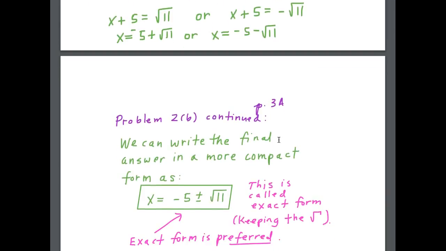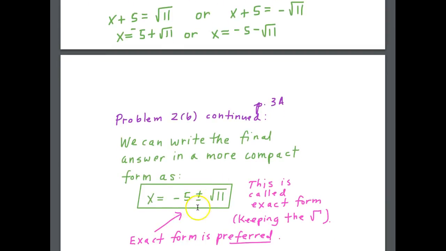We can write this problem in a bit more compact form with the plus or minus. So it would be x is equal to -5 plus or minus root 11. Whenever you leave a square root or pi or Euler's constant e, which we'll talk about later, in the solution of a problem, that's called the exact form. So when you keep the square root, that's called the exact form, and usually that is the preferred form.